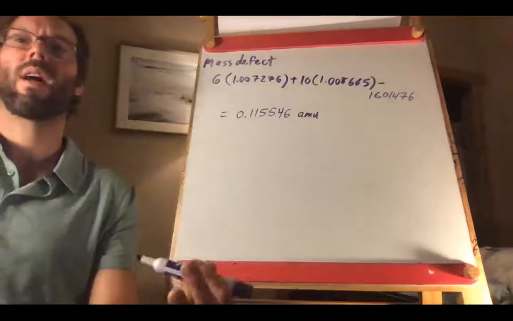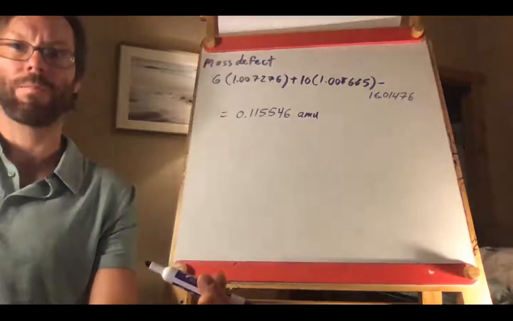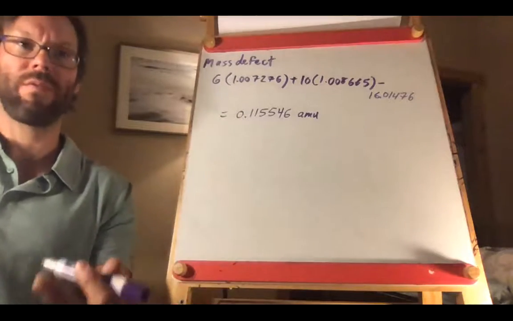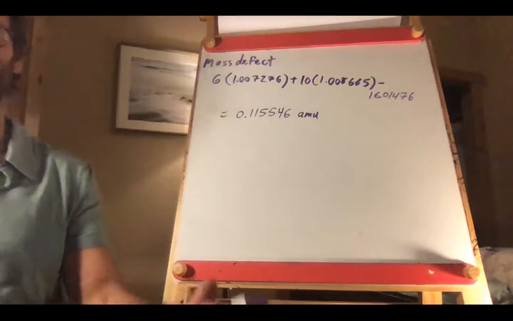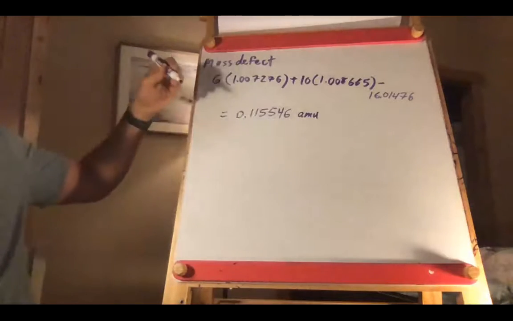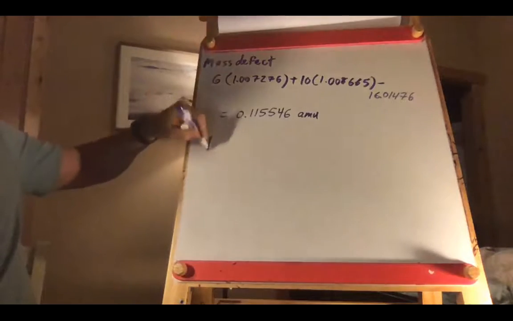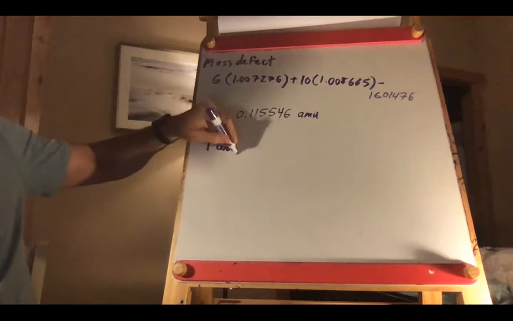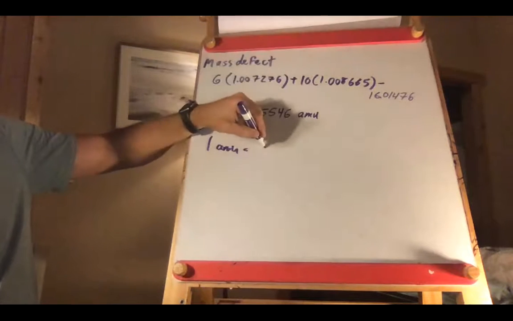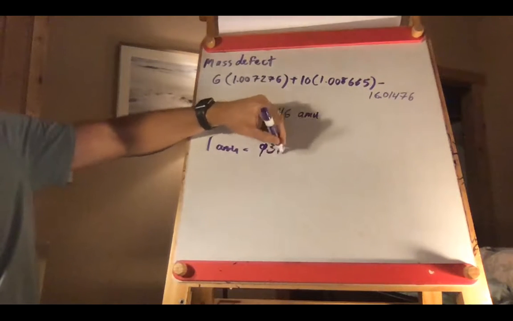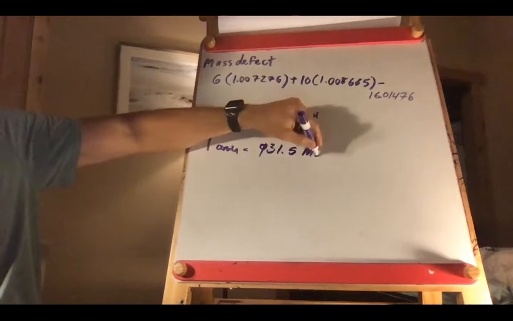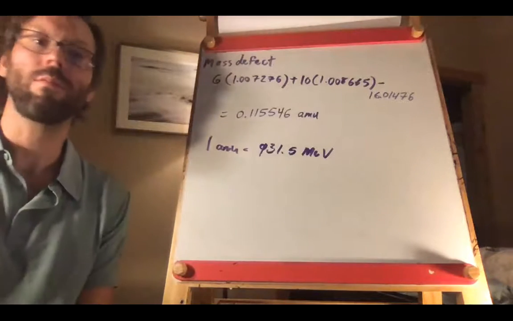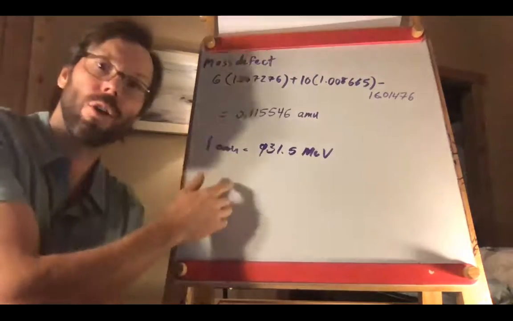Then in order to find the nuclear binding energy, we just convert the mass defect into mega electron volts. And we said that 1 AMU equals 931.5 mega electron volts. That is our conversion factor, right?